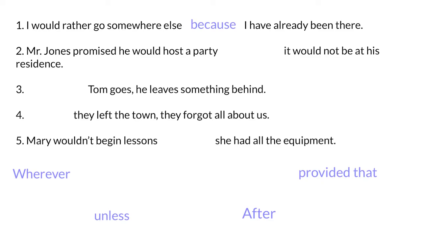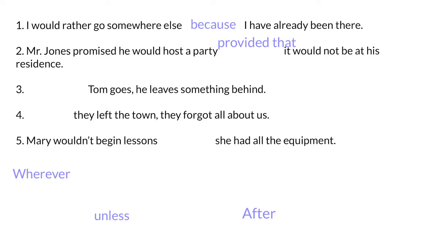Number 2. Mr. Jones promised he would host a party, blank. It would not be at his residence. He promises to host a party, provided that it would not be at his residence.